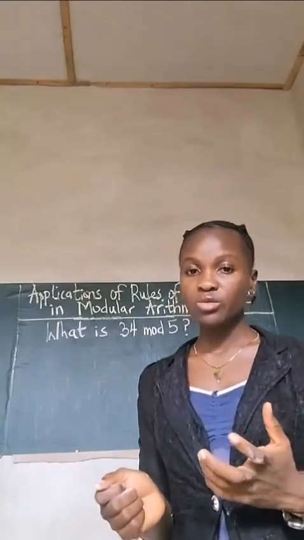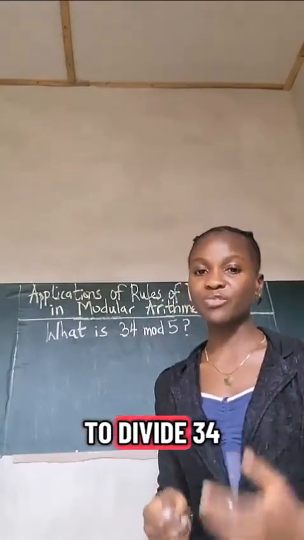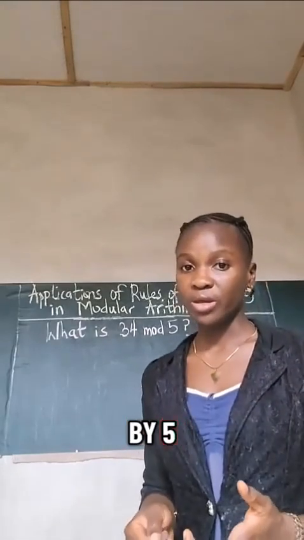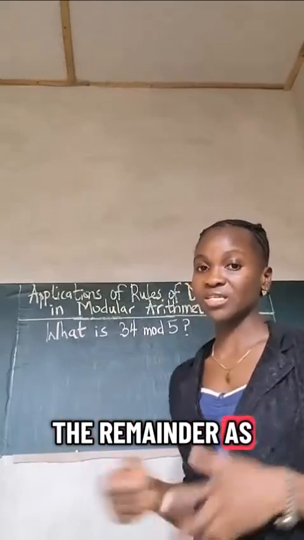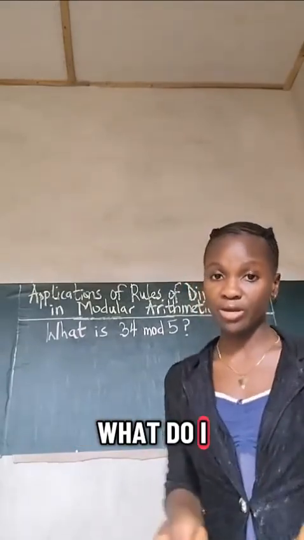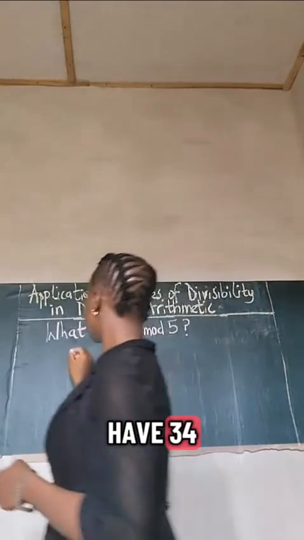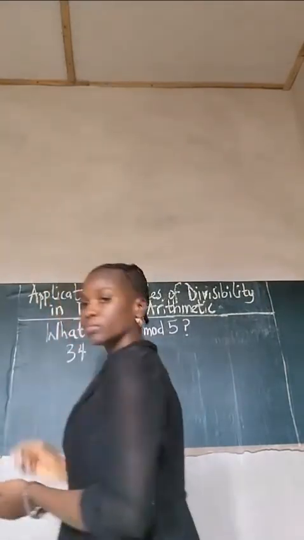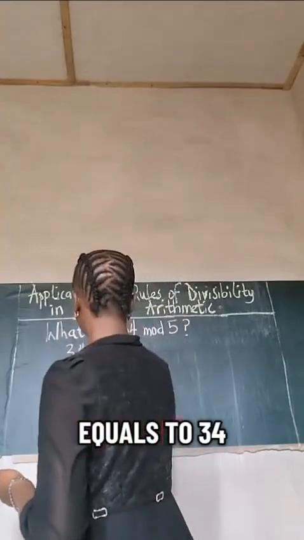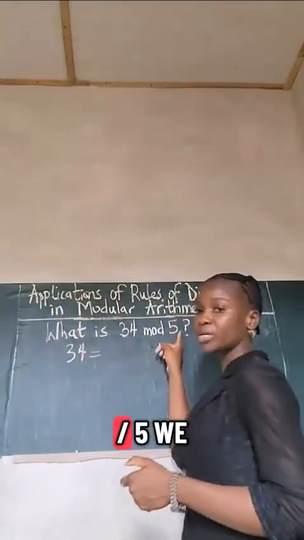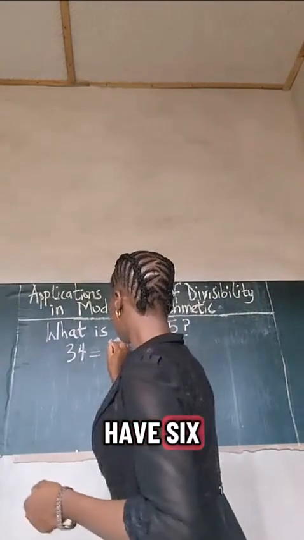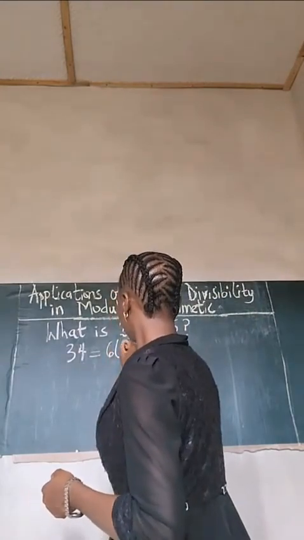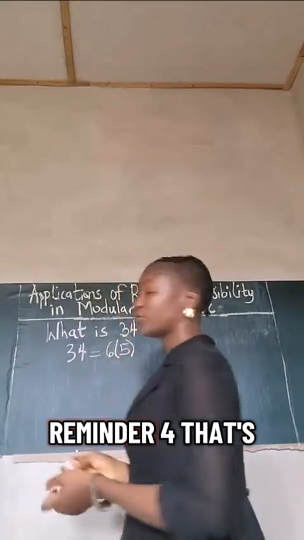Ideally, to solve this problem, we have to divide 34 by 5. Then we write the remainder as the answer to this question. What do I mean? So we have 34 divided by 5. We have 6, remainder 4.